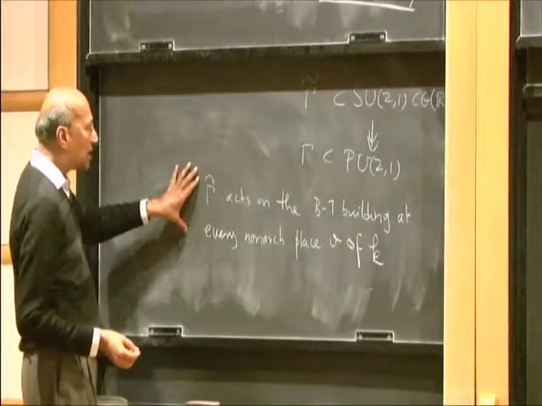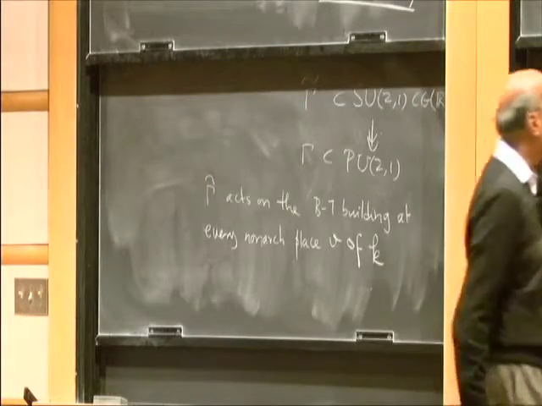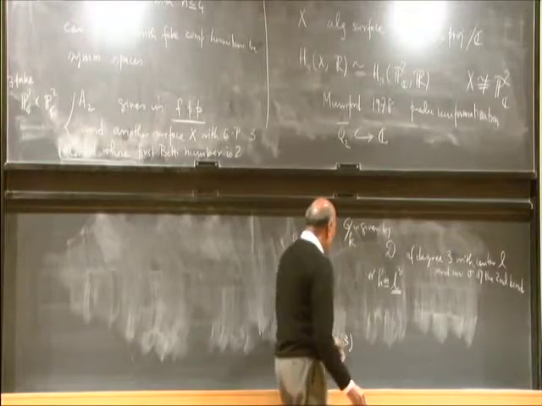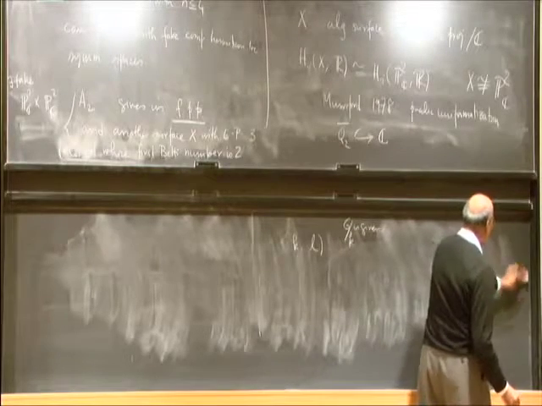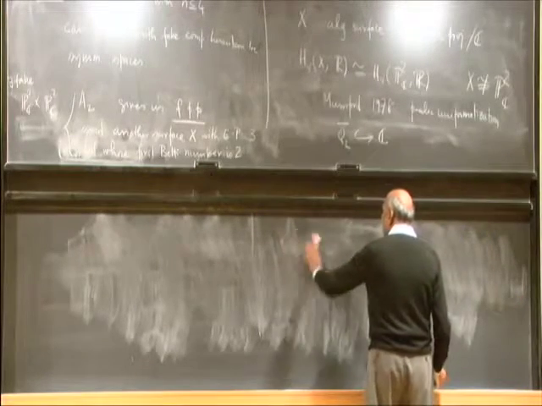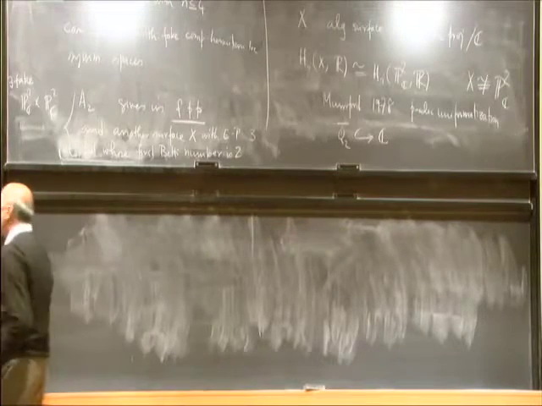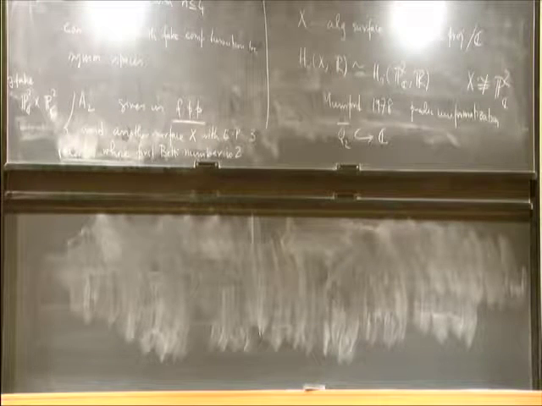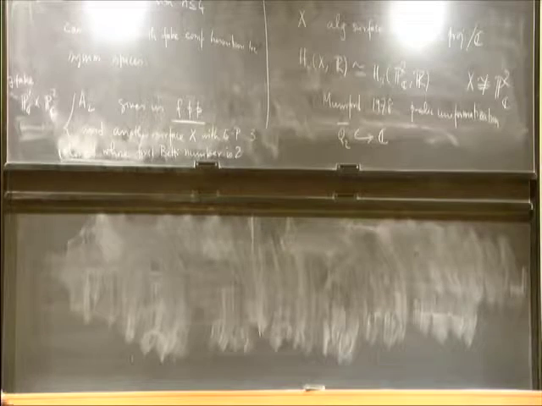Okay, so this acts on the building, and then by the fixed point theorem of Bruhat-Tits, it always fixes a point. Because at each p-adic place, at each non-Archimedean place, our group is compact, because it's an arithmetic group inside a real group. So it fixes a point.